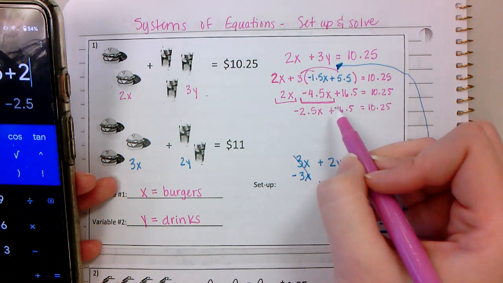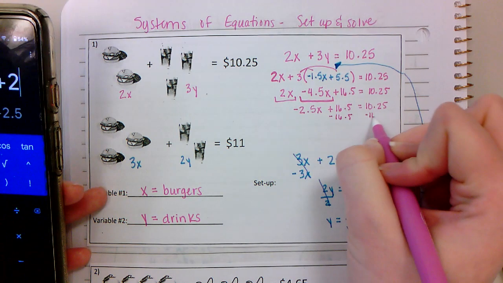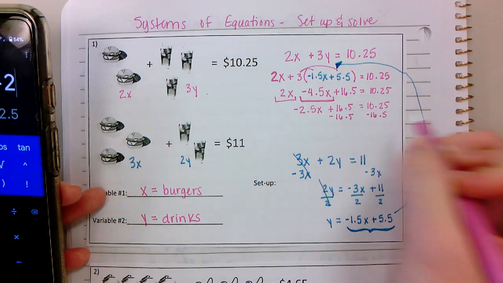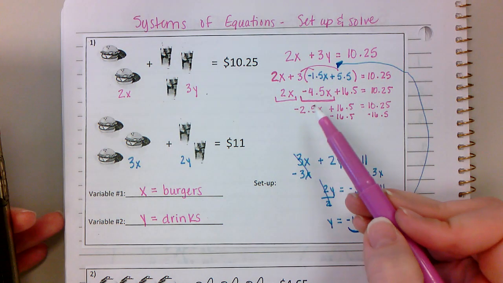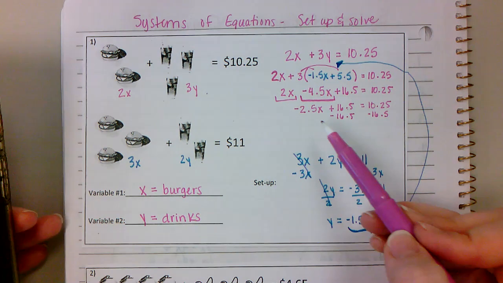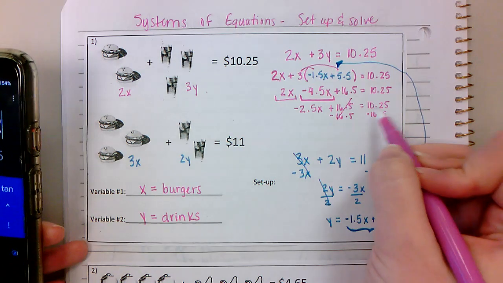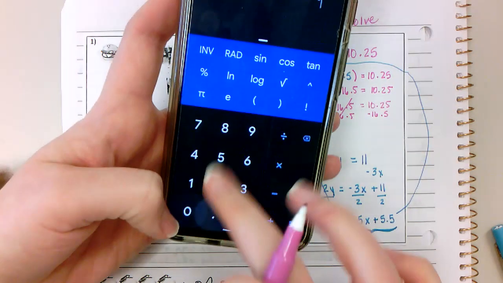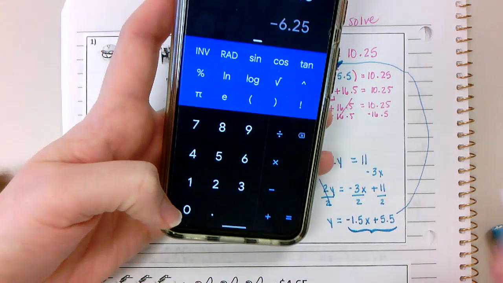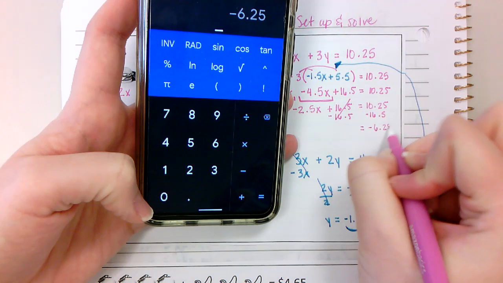And then again, I'm solving for x. So I'm going to move this over. Once you have all of your equations simplified and your terms combined, you start moving everything away from the letter that you're solving for. So that goes away. So 10.25 minus 16.5 is negative 6.25.